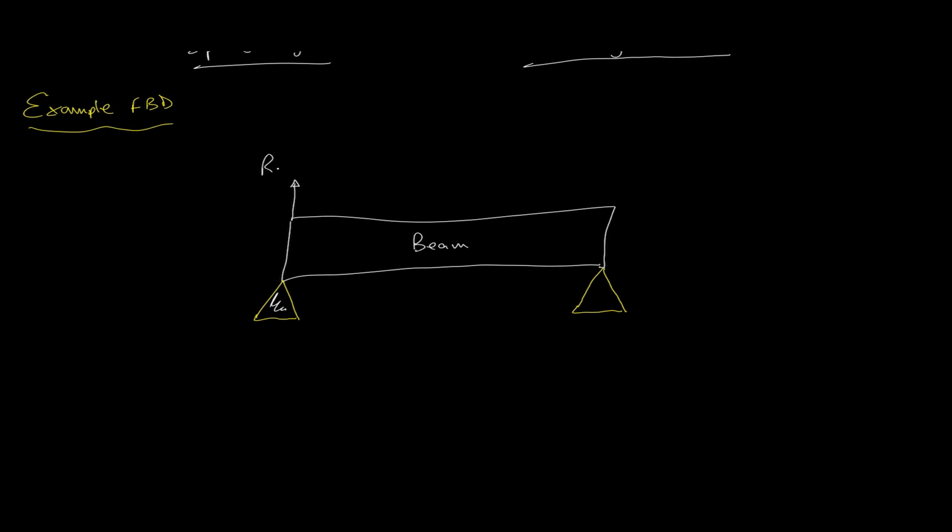Okay, and it's on the left, so we call it the reactive force on the left. So that's the force holding the left side up, if you like. We could possibly have some force acting down here, some load on the beam there, perhaps another load on the beam over here. So force 1, force 2. We could have some sort of reactive force on the right. So R subscript R. So the bit in white there, as you can see, is going to be a free body diagram.